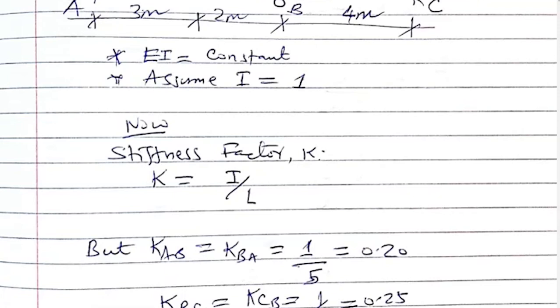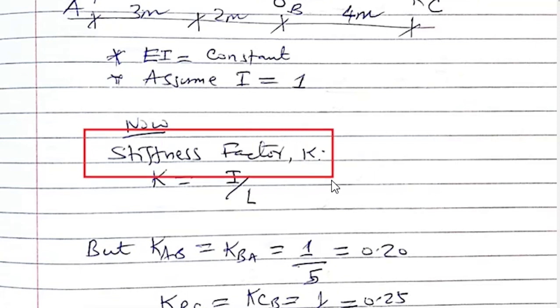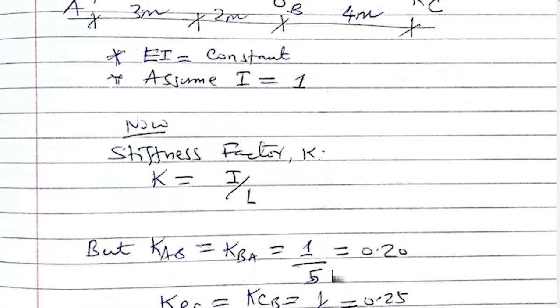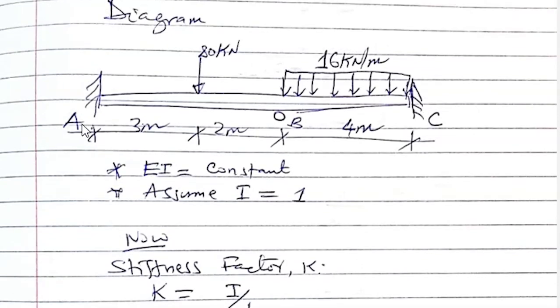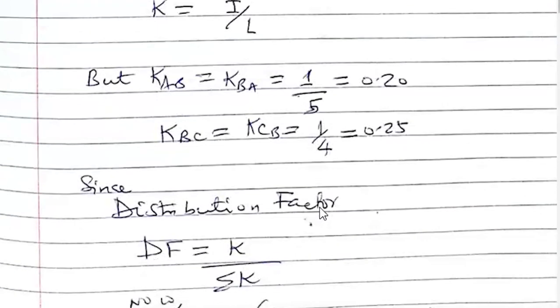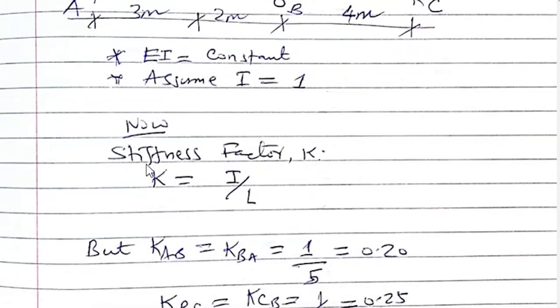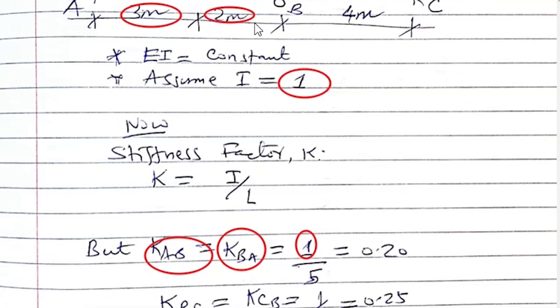The first procedure, as you see, we find the stiffness factor, which is K, in which K is a function of I and L, as you see, from support A to B and support B to C. Once you calculate the stiffness factor K from A to B, the stiffness factor KAB should be equal to the stiffness factor KBA, which is the ratio of I, a unit, and L, the summation of 3 meter and 2 meter, as you see.